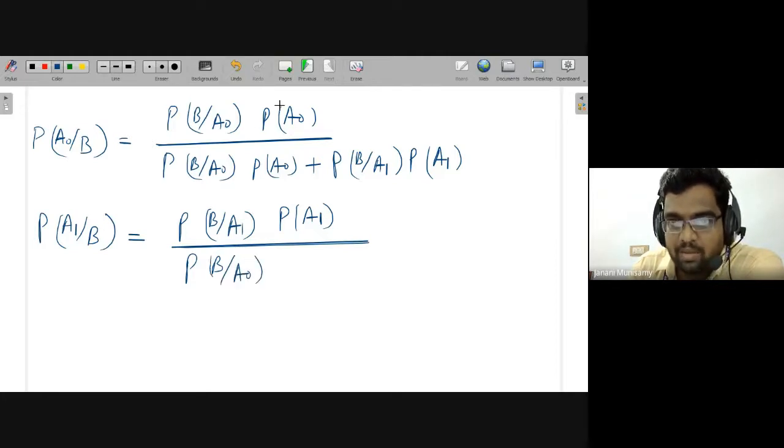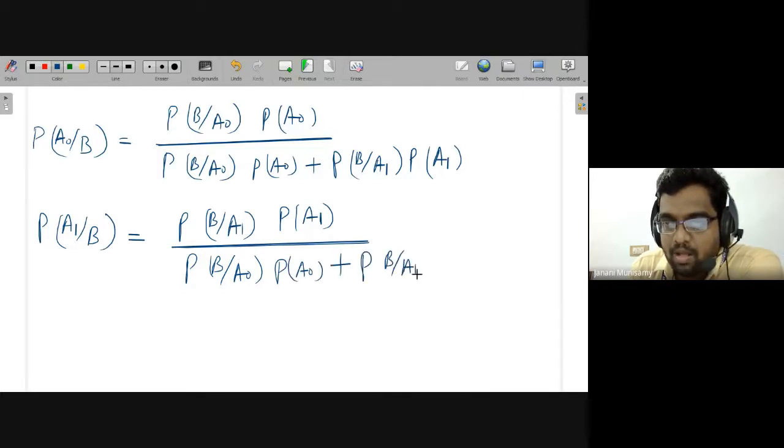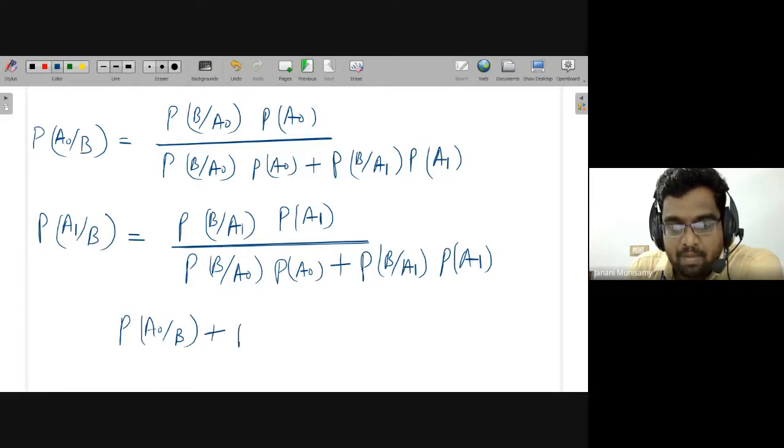The denominator is the same, only the numerator will be differing.